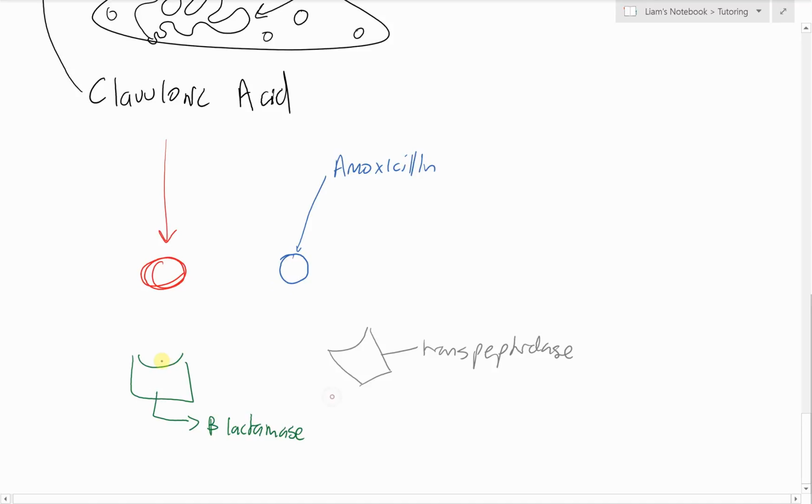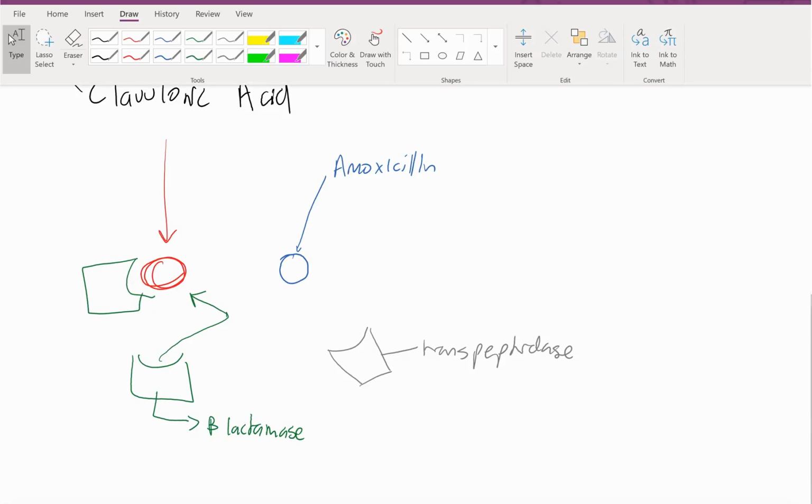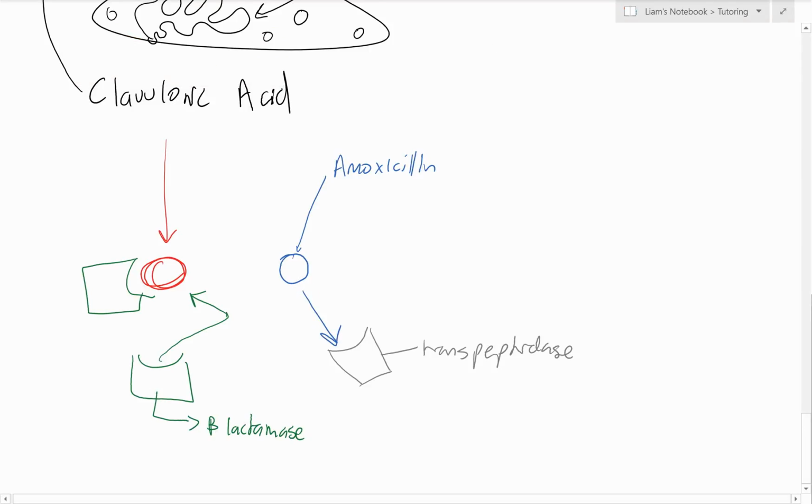The beta-lactamase starts heading towards the amoxicillin, but then sees the clavulanic acid and instead goes and binds to this. It binds this really nice and tightly, and kind of munches on that, and it's happy. It's kept busy. And while it's distracted with the clavulanic acid, the amoxicillin is able to go in, bind to our transpeptidase and inhibit the transpeptidase. And then you get cell lysis and things like that, as we mentioned before.